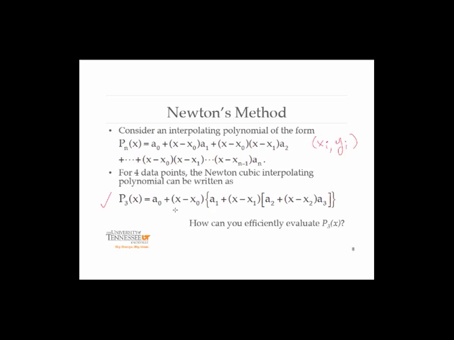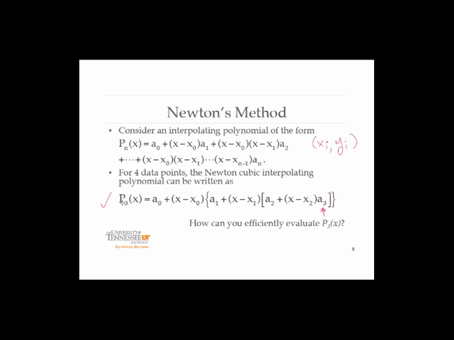If you look at this very carefully, this particular polynomial can be constructed fairly efficiently. If you work from the inside back outward, you would take a scalar value here, a3, and multiply it times x minus x2 if you were evaluating this polynomial at a particular x.